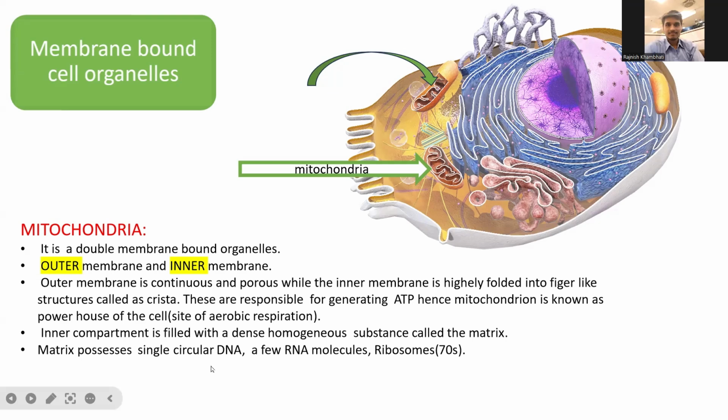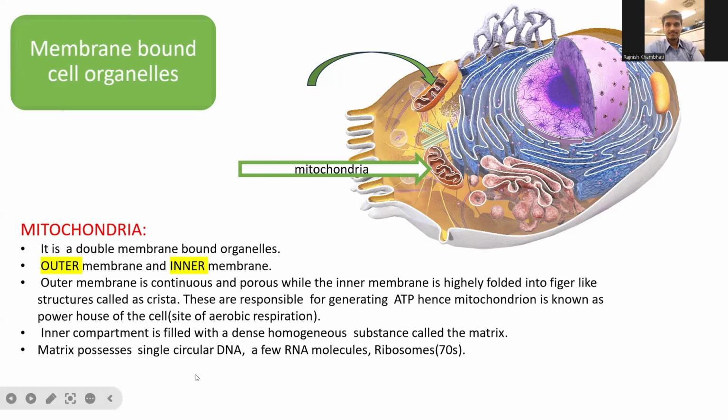The inner compartment, inside the inner membrane, is filled with dense homogeneous substance called matrix. The matrix we can compare with the cytoplasm of the cell. Similarly, it is the cytoplasm of mitochondria called matrix.